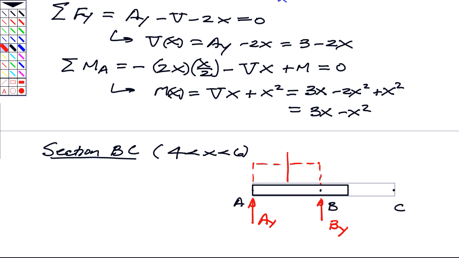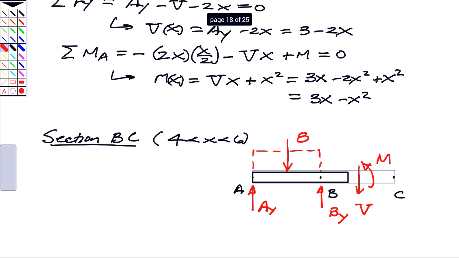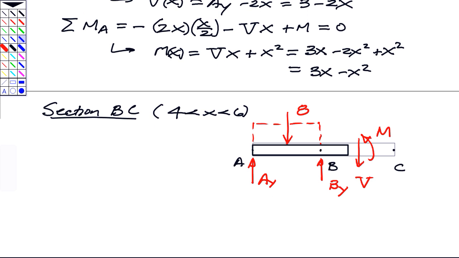It's going to have a resultant of 8 kilonewtons down. There's going to be a shear force V acting there at the cut, a bending moment there of M. Again, this cut is being made at a position that we're labeling as X.